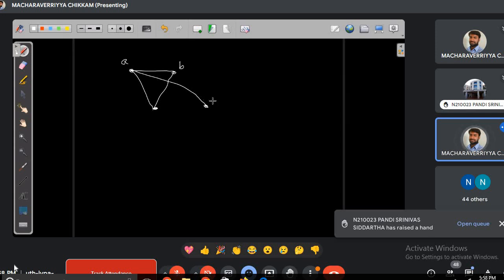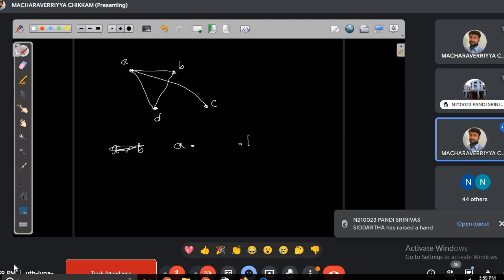Having the vertices A, B, C, D. Now between A and B, what I have here is an edge. It's like A and B are connected.